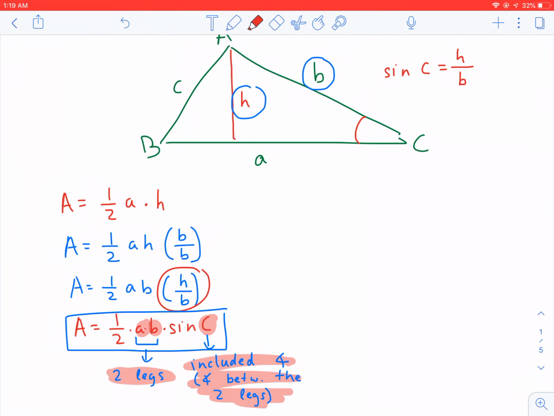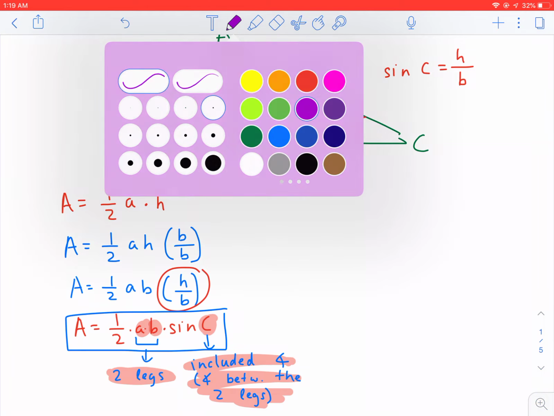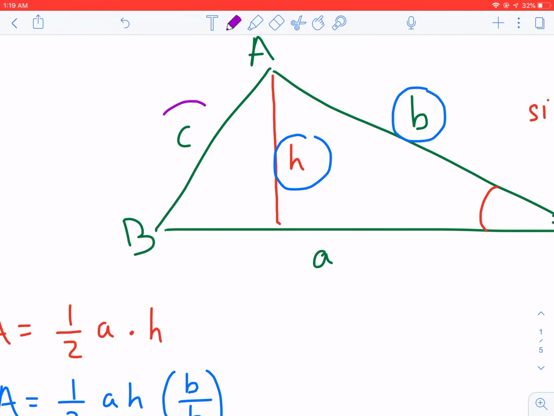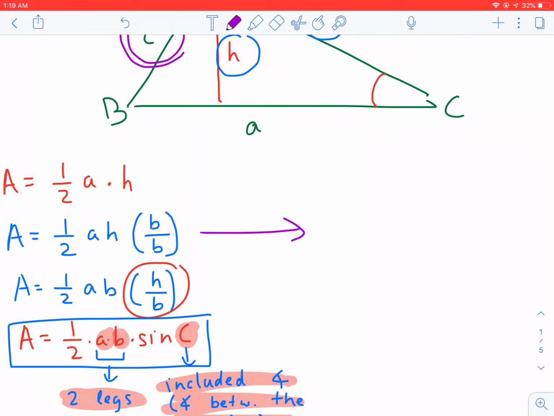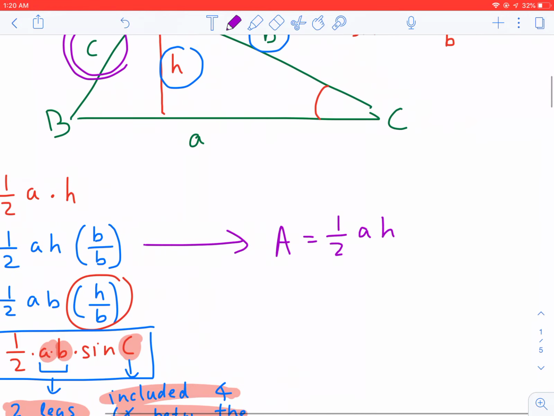Right? And just to show you that A, B, and C are arbitrary, I could have done the same thing by multiplying by C over C instead. So this could also have looked like 1/2 times AH times C over C. Right? Still multiplying by 1.